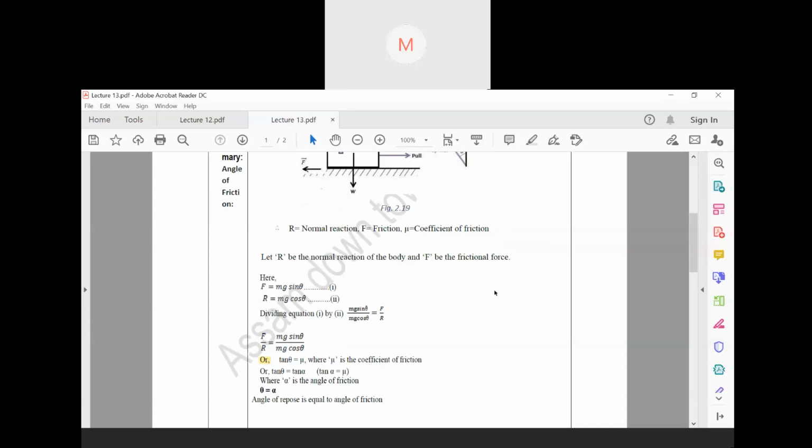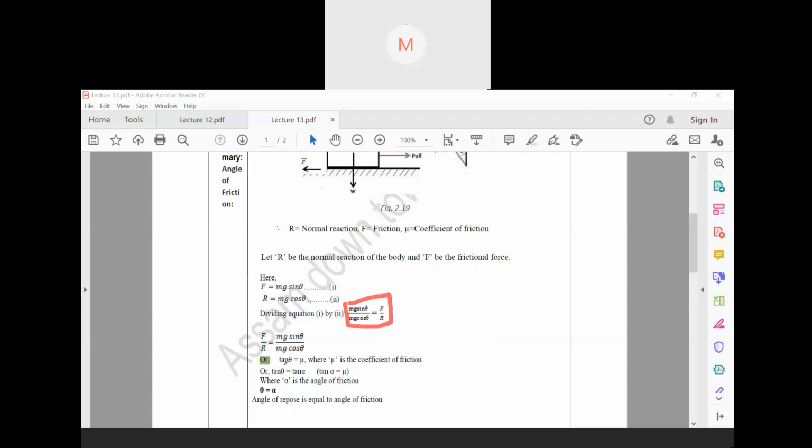Now I'm telling you again. Look, up to this part, do you understand how this came? F equal to mg sin theta and mg cos theta, number one and number two, you understand? After that, we will find out the ratio of F by R. This F by R ratio is given by mg sin theta by mg cos theta.